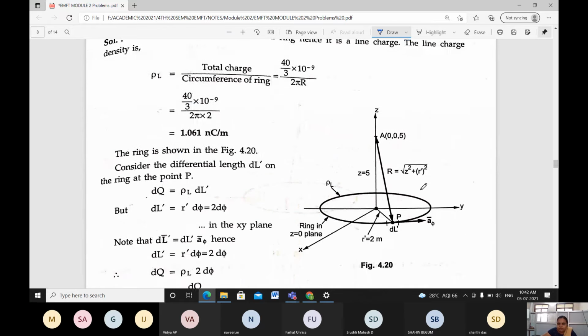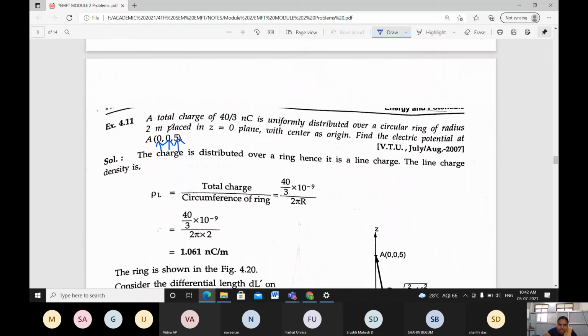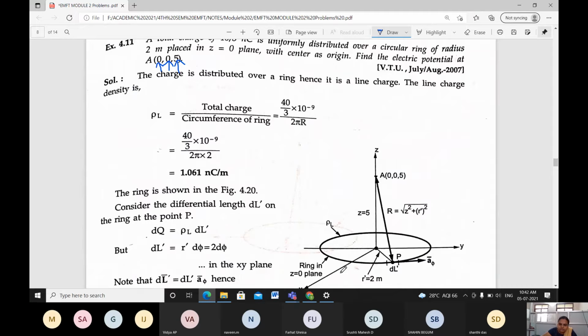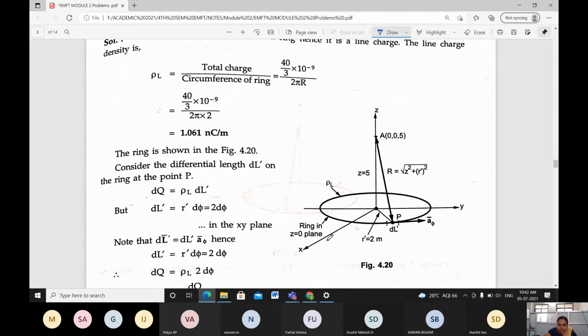Just observe the figure now. Where is our point? It is on the z axis. If they asked you to find it at (0, 5, 0), where would it be? It would be on the y axis. Or else it may be (5, 0, 0), which means it would be on the x axis. In which coordinate the point is located, you have to find out.